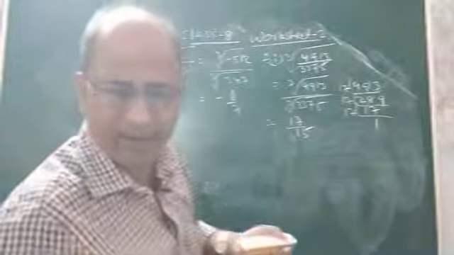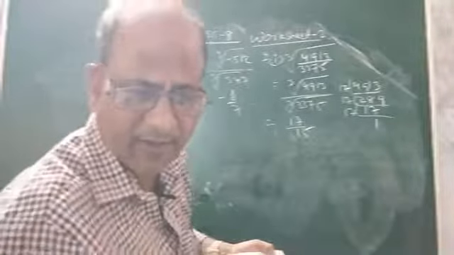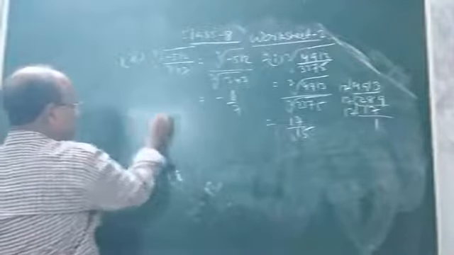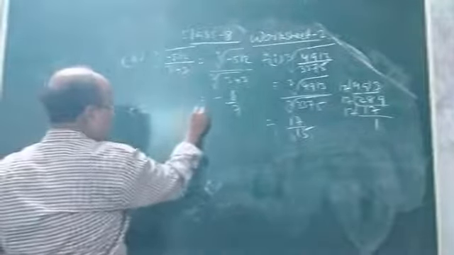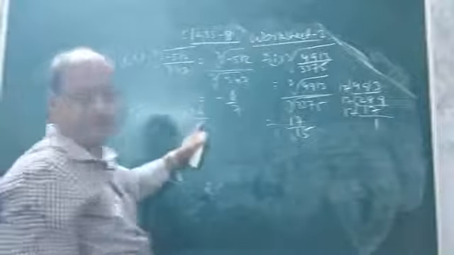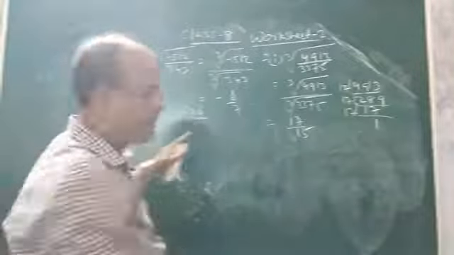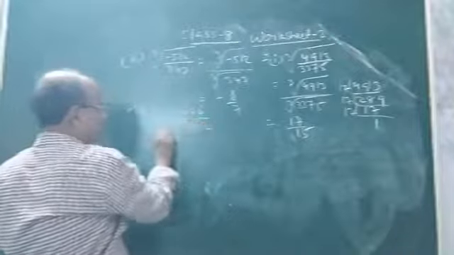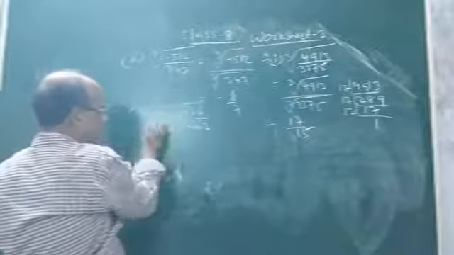Then the last bit is minus 686 divided by minus 2662. Let us find the cube root.